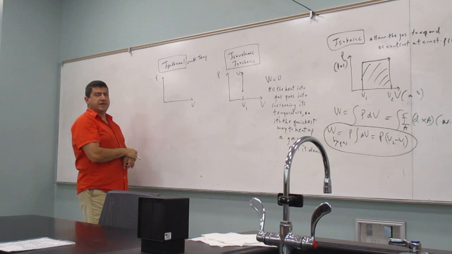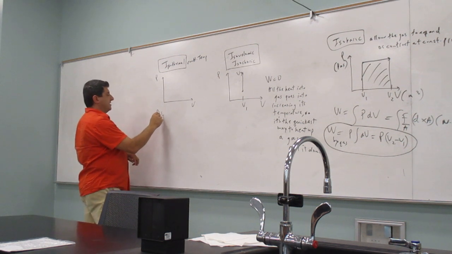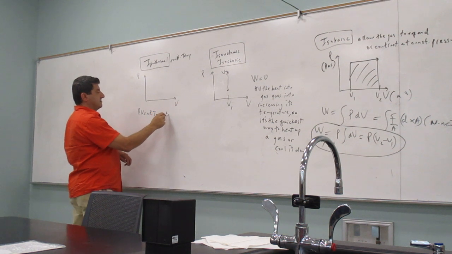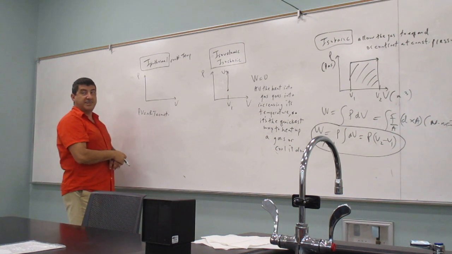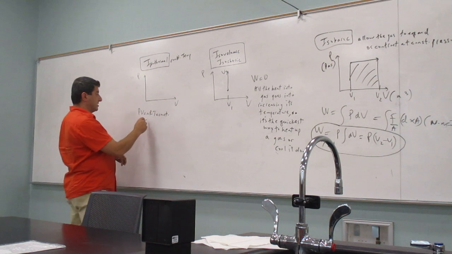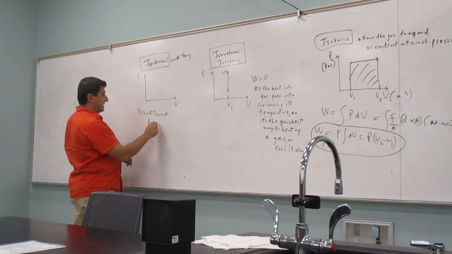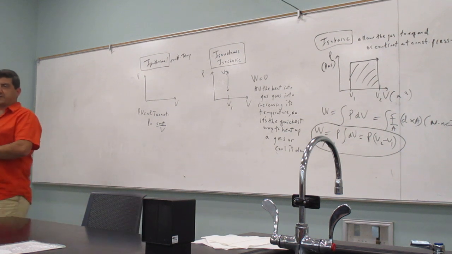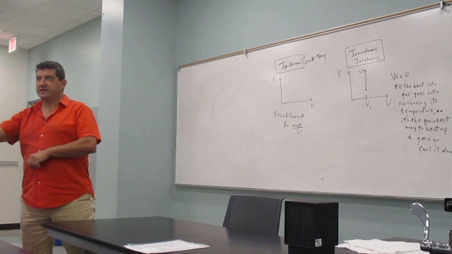Well, remember ideal gas law, PV is nRT. So if it's constant temperature, this is a constant. I'm holding the T constant. So the PV diagram looks like what? Constant over V. So it's a 1 over x graph, right?